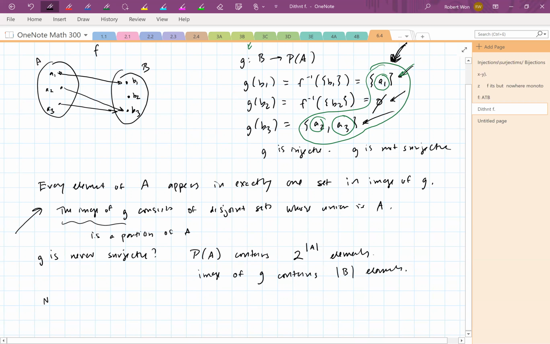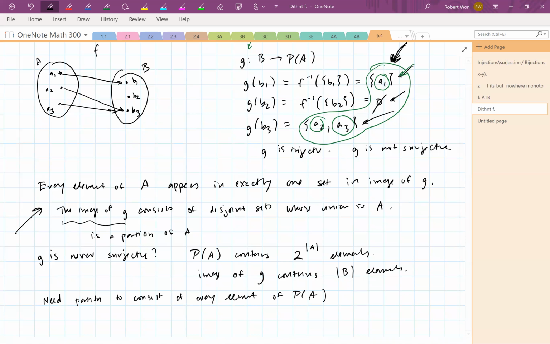What we need is for the partition to consist of every element of the power set of A. If you think about it though, if you took A to be a 2-element set, then its power set is going to be the empty set, {a}, {b}, {a, b}.